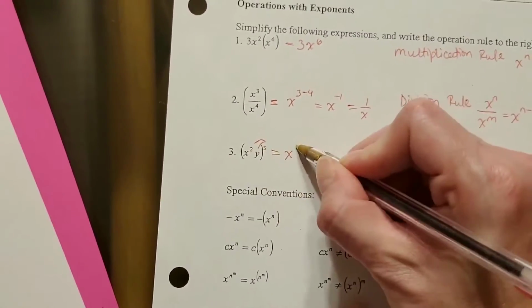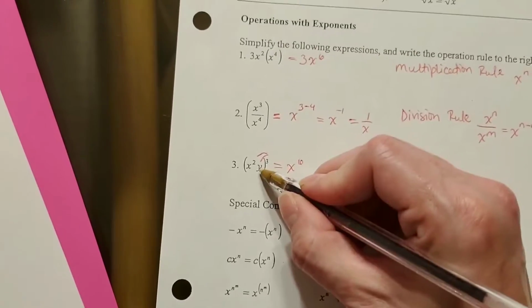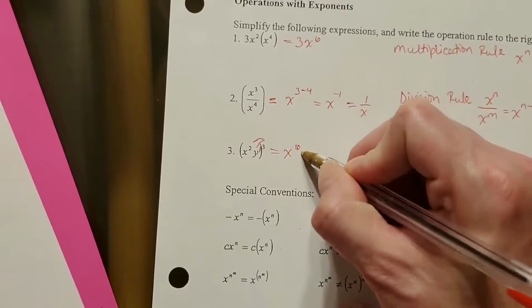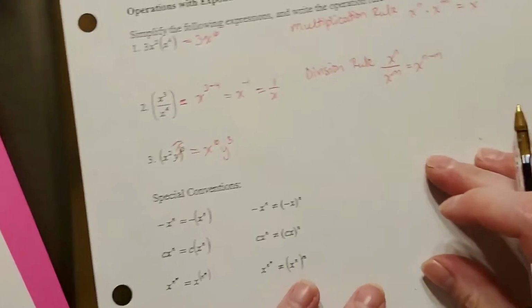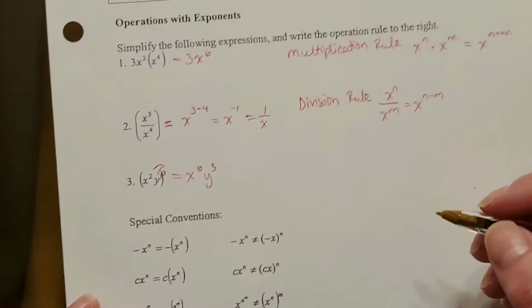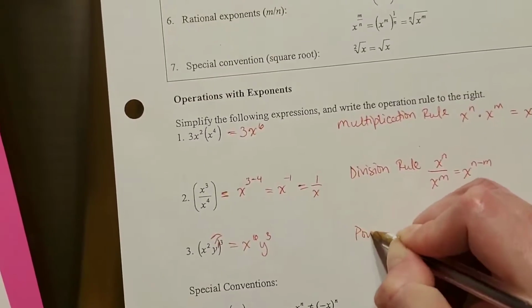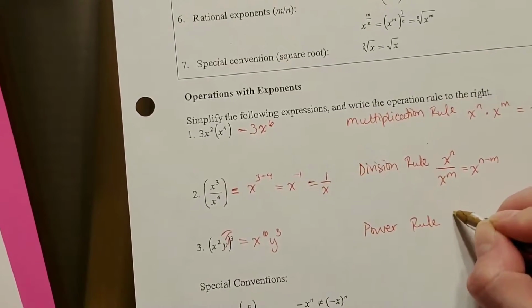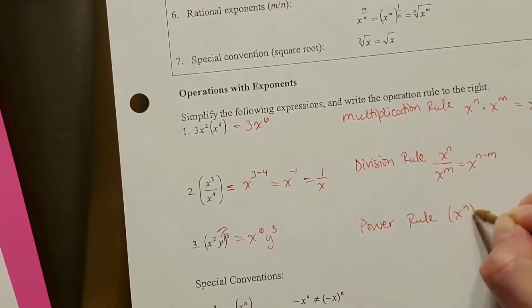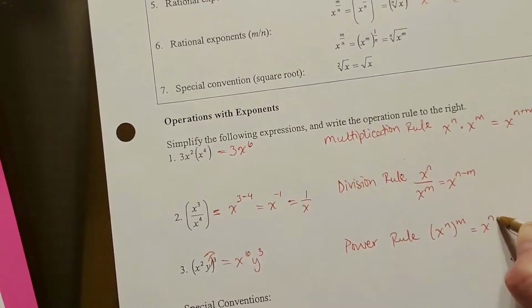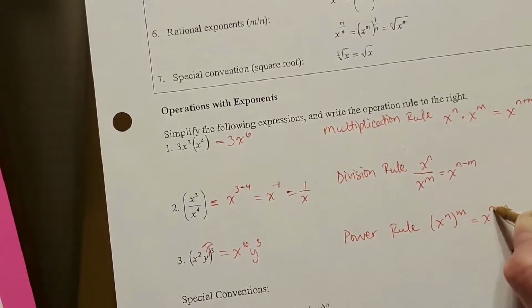So 2 times 3 is going to give us x to the 6th, and then y, we have 1 there, so 1 times 3, we're going to have y cubed. Okay, so again, this is your power rule. So if we have x to the n to the m power, we would multiply those exponents.